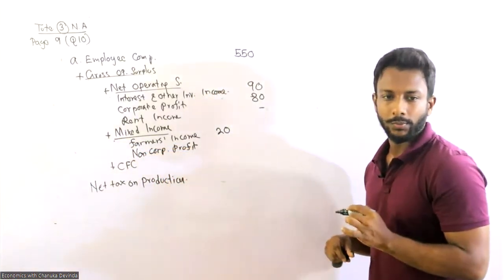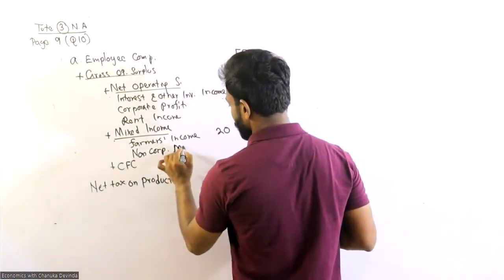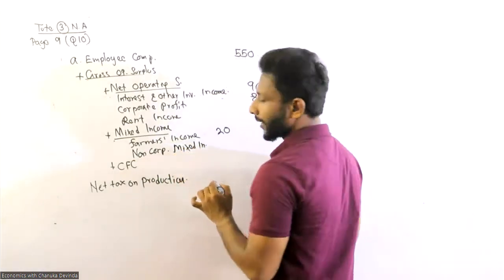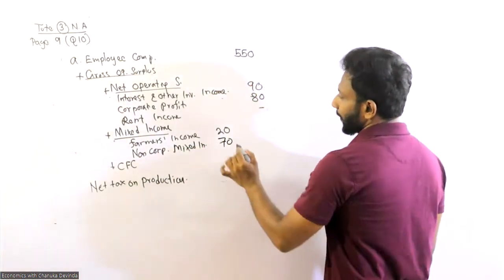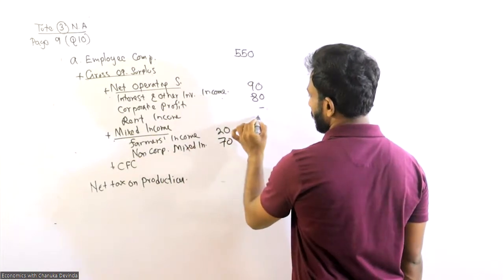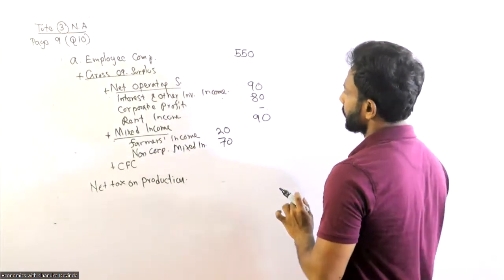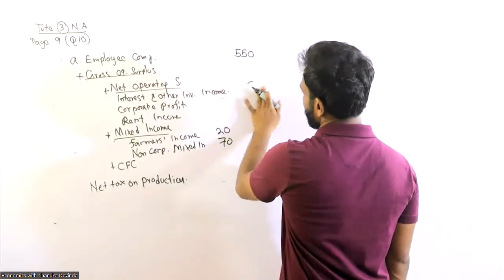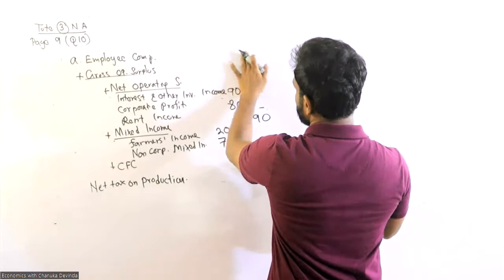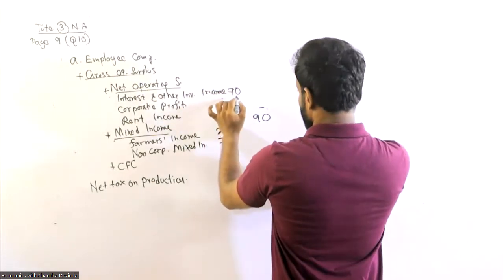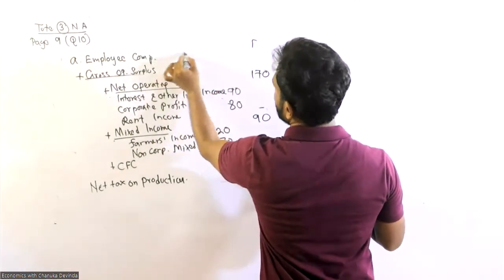Non-corporate mixed income, how much? It is 80 or 70. So mixed income is how much? 70 plus 20, 90. Right? So net operating surplus, 90 and 80. So mixed income was 70. Here 550 employee compensation.